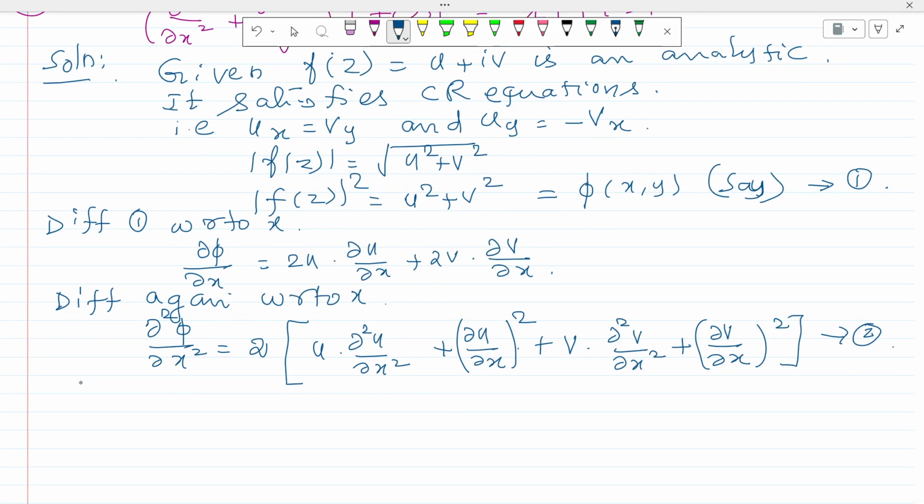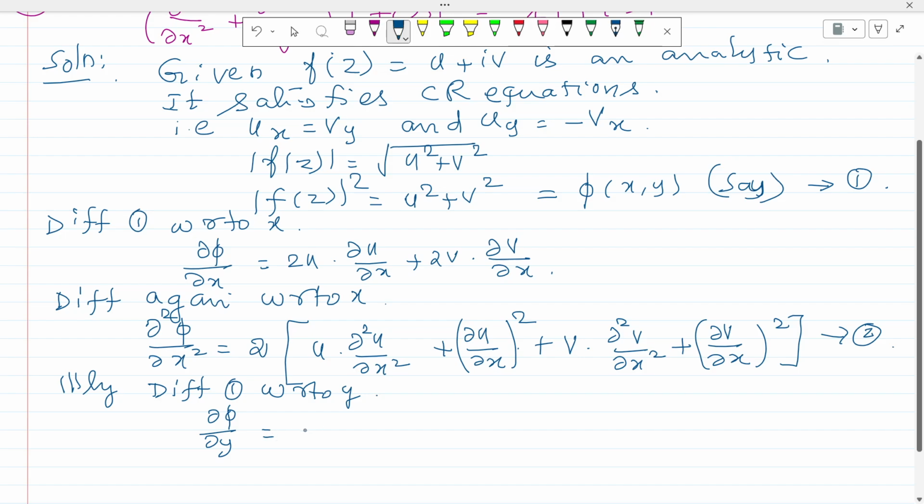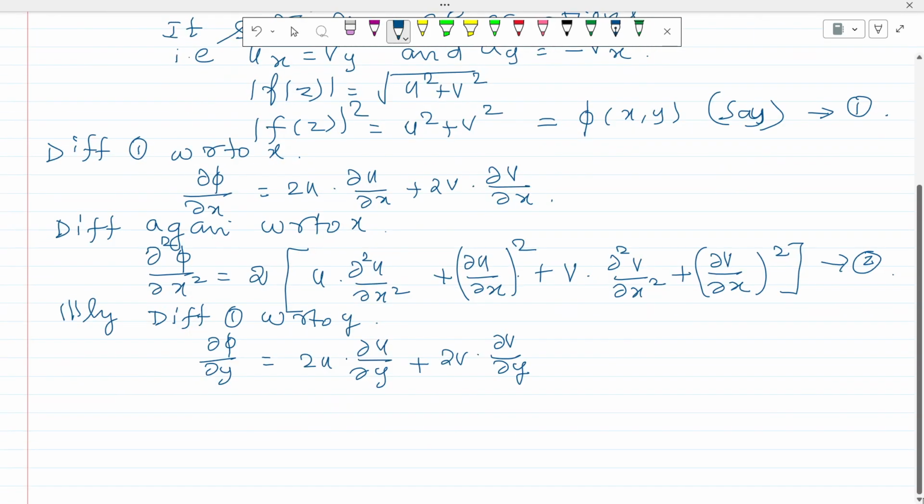Similarly, differentiate 1 with respect to y. Then what you get? First dou phi by dou y equal to 2u dou u by dou y plus 2v dou v by dou y. Now differentiate again with respect to y.